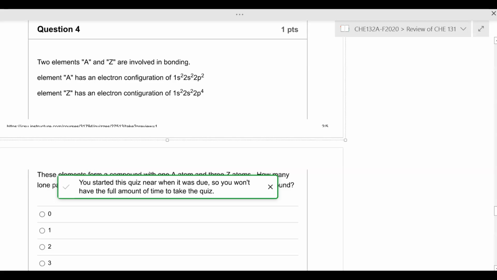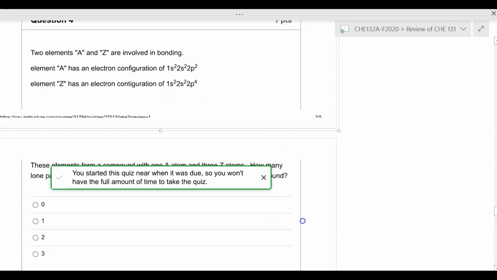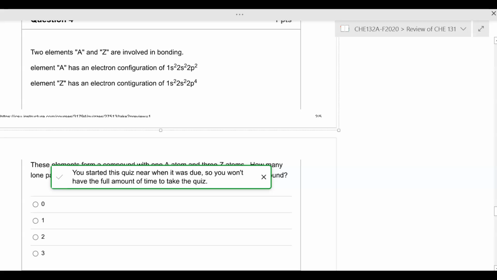This one is asking about lone pairs around the central atom in the compound. So we're saying it forms a compound with one A. It should have been a 2 minus ion with one A thing. Let me pull that back up on another screen.